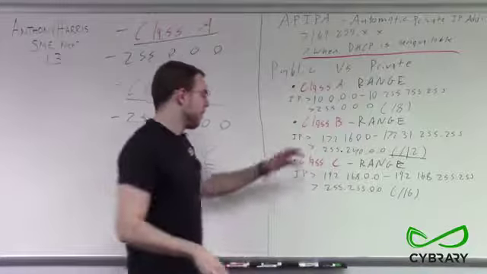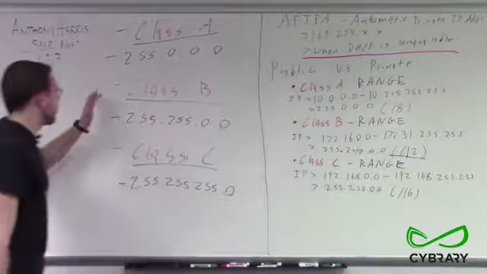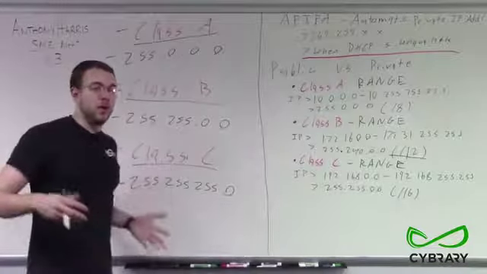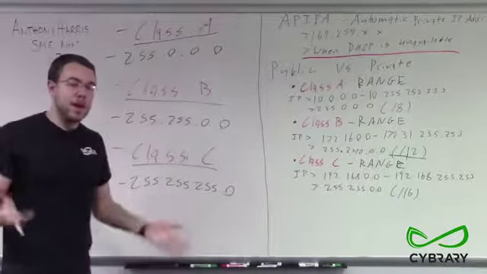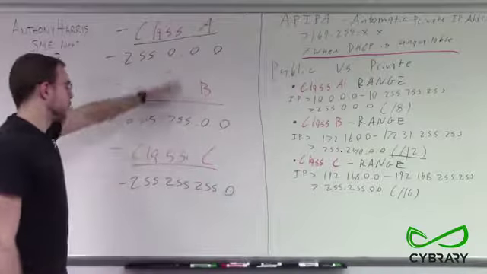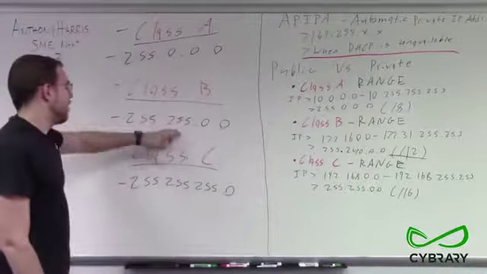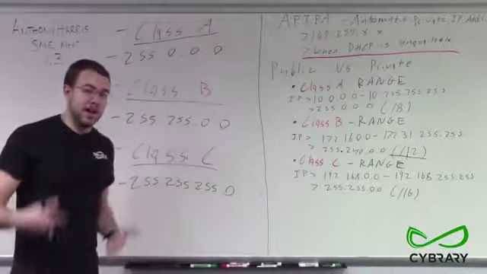So just be careful. Don't get these confused with our actual default classful addressing subnet masks, because these are what are going to be important to know and remember when you line them up and when we're talking about subnetting a little bit later.